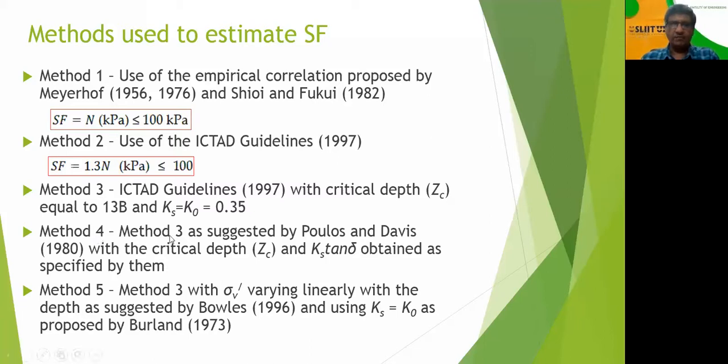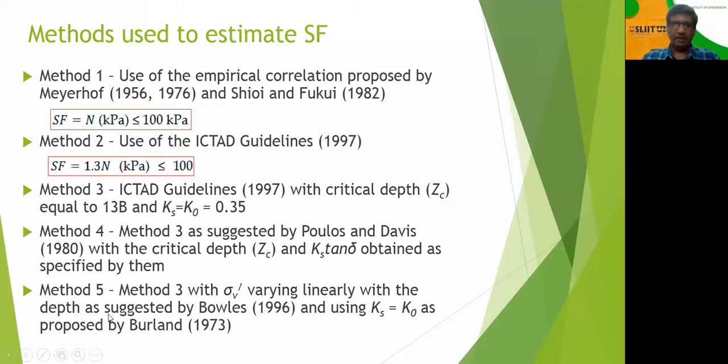Method 4 is the same as method 3, but you use the critical depth and Ks value obtained from the chart I showed you earlier from Poulos and Davis. So methods 3 and 4 use two different approaches: method 3 is from ICTAD and method 4 is from Poulos and Davis.